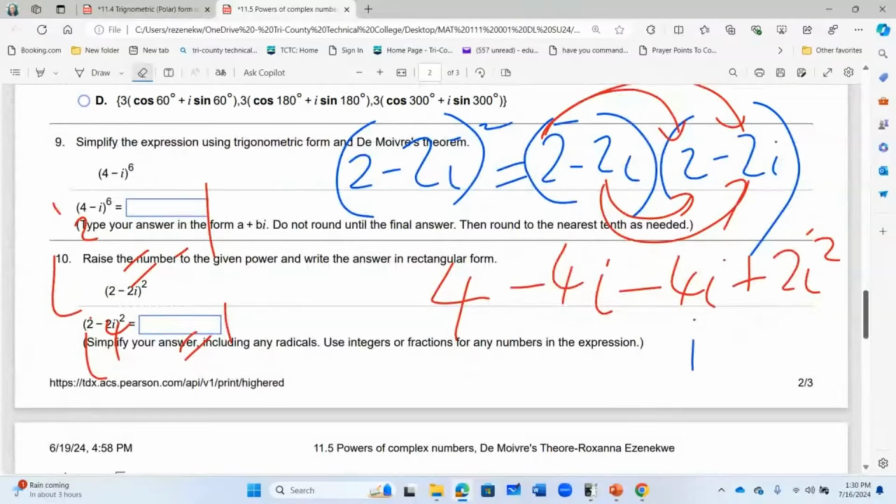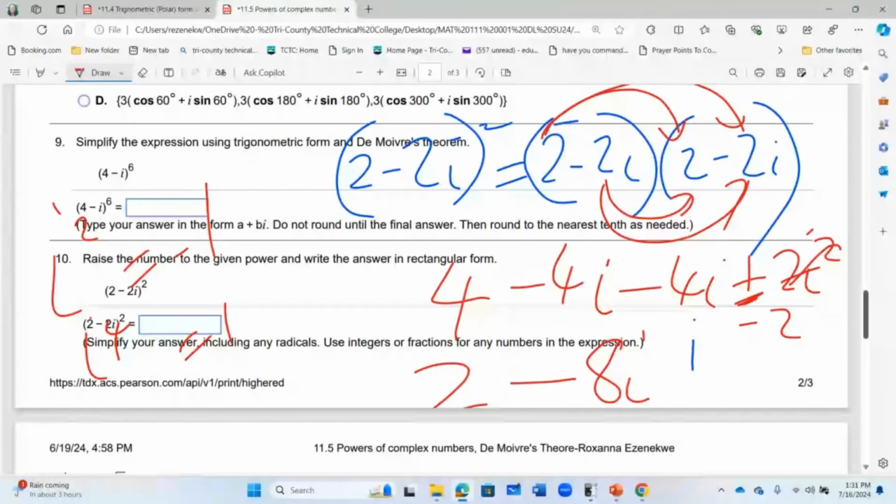So if I rewrite this, I have negative here, and then I want to write negative 2. Okay, so that's negative 2 finally. Collect like terms together. 4 minus 2 is 2, minus 8i in standard form. So I have written this number in standard form by FOILing.